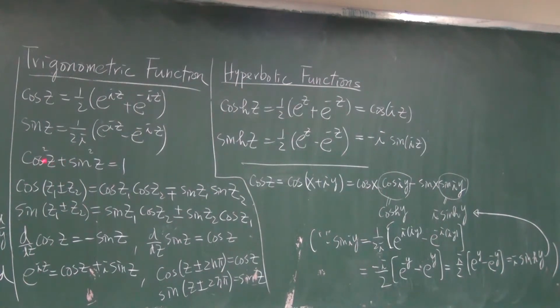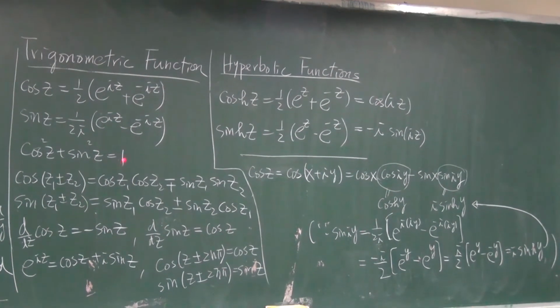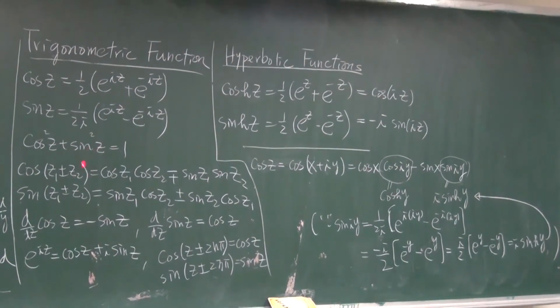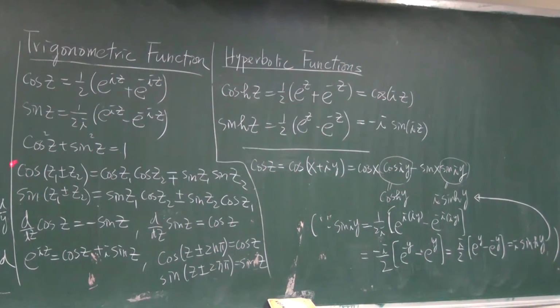Actually, we have cosine z squared plus sine z squared equals 1. Here, z equals x plus iy, remember. Also, we have cosine of z1 plus or minus z2 equals cosine z1 cosine z2 minus or plus sine z1 sine z2 here. And also we have the differentiation, the same as in the real case.